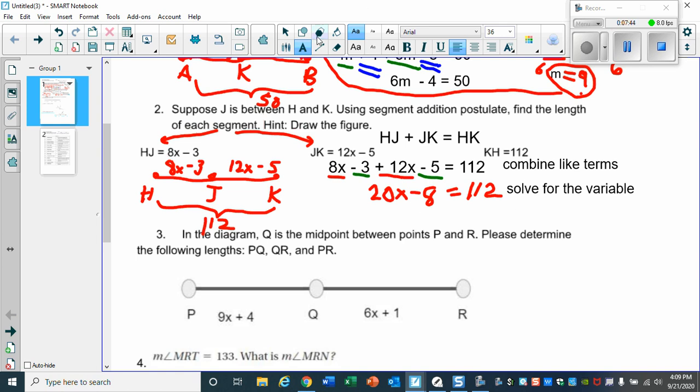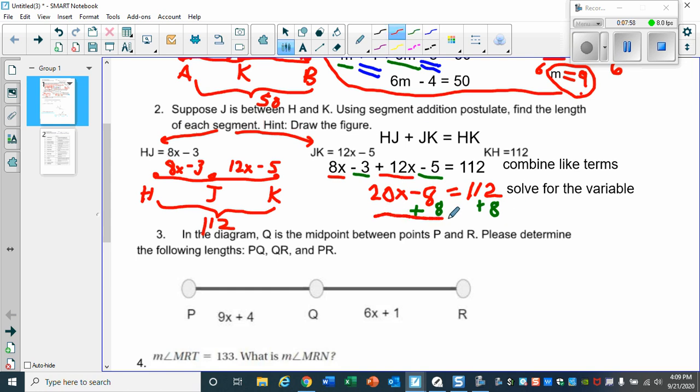So here, add 8 to both sides, and then you get 20x equals 120. I'm just going to finish it off down here. So you solve for the variable: divide both sides by 20.